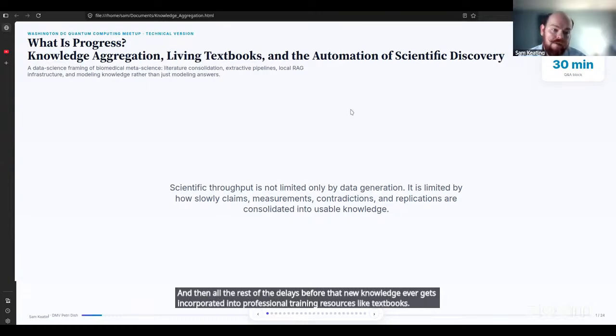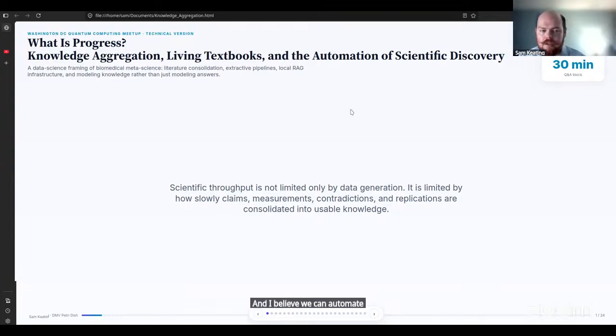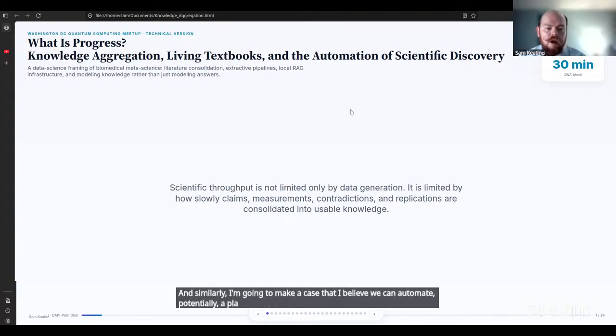I believe we can automate away the vast majority of those delays. And similarly, I'm going to make a case that we can automate a plausible framework of the process of scientific discoveries as a whole.